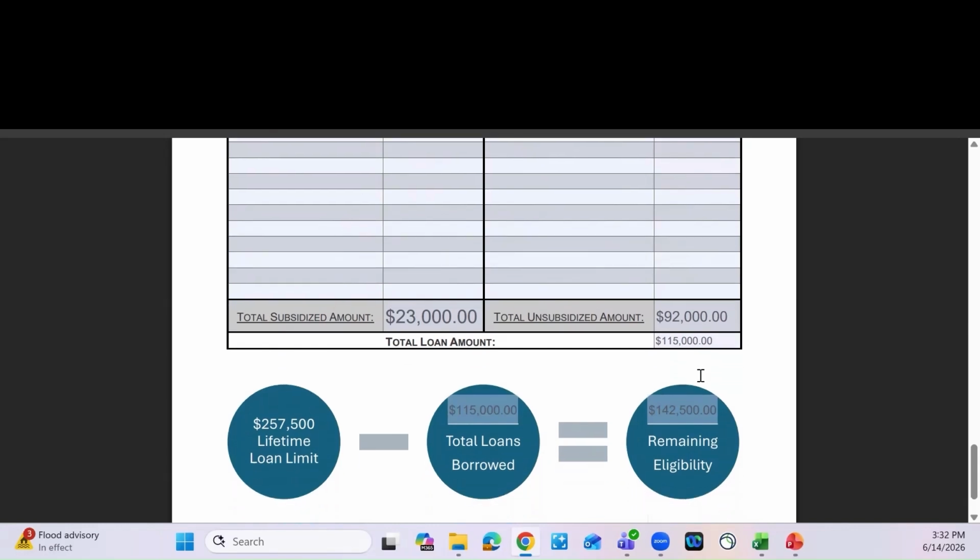What the handout will do is take the $257,500 lifetime loan limit, take the difference of that and your total loan borrowed to give you the remaining eligibility amount for the remainder of your program.